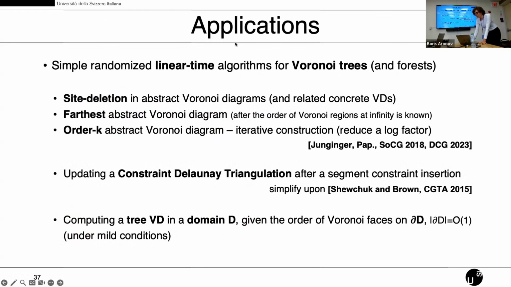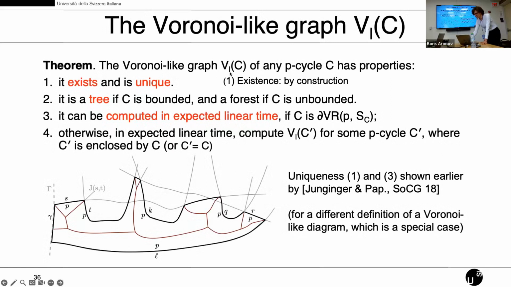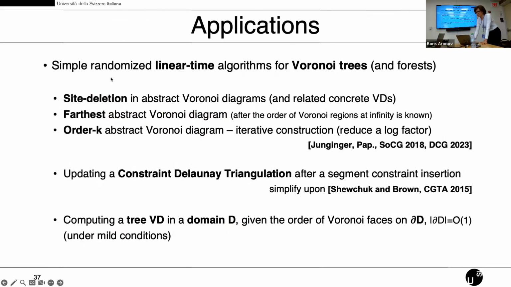Okay. So where do we use this? We use it to derive simple randomized linear time algorithms for Voronoi trees and forests. Examples are site deletion in abstract Voronoi diagrams and the related concrete versions, the farthest abstract Voronoi diagram, or the K abstract Voronoi diagram, the iterative construction.